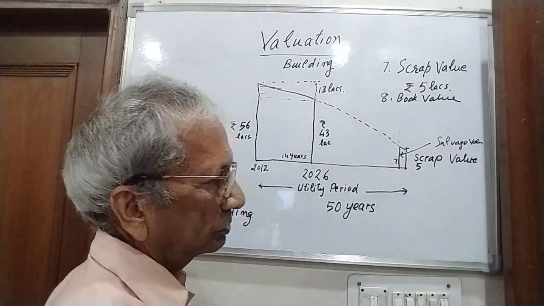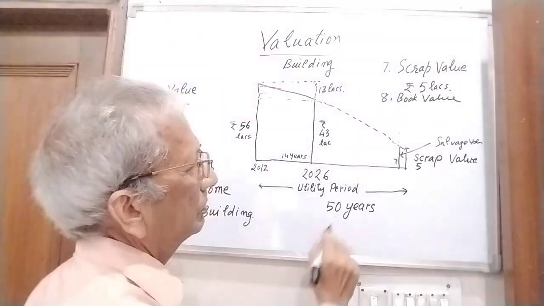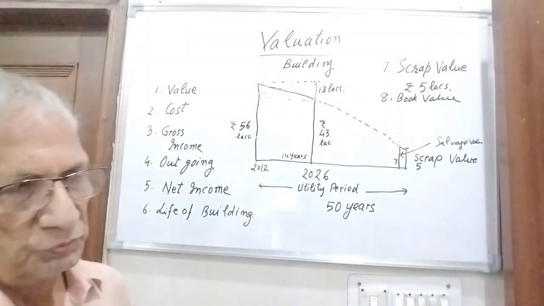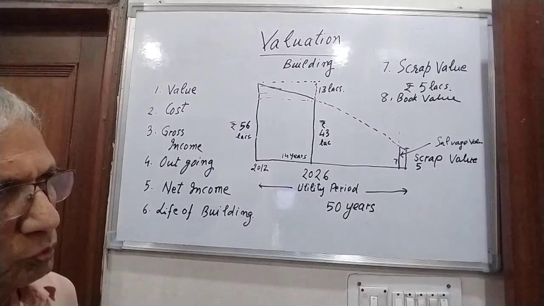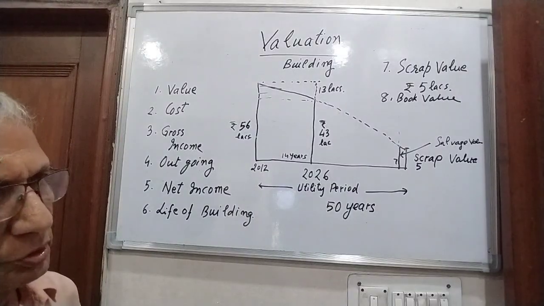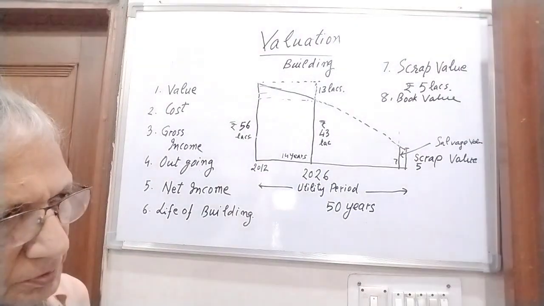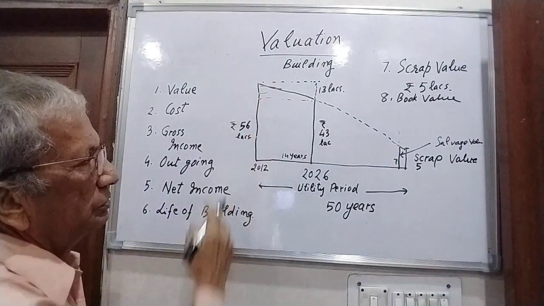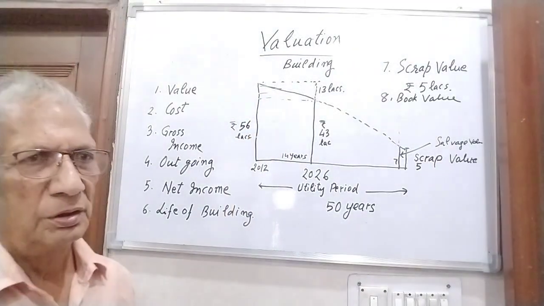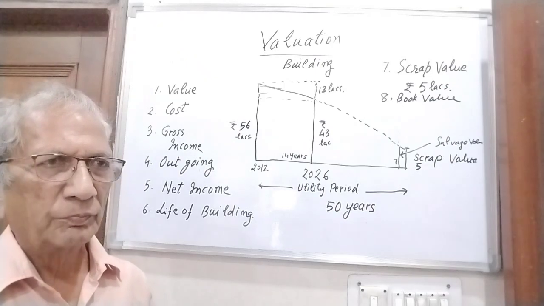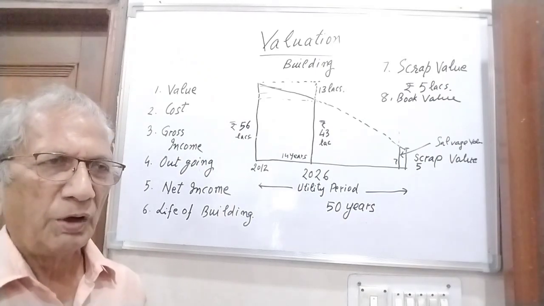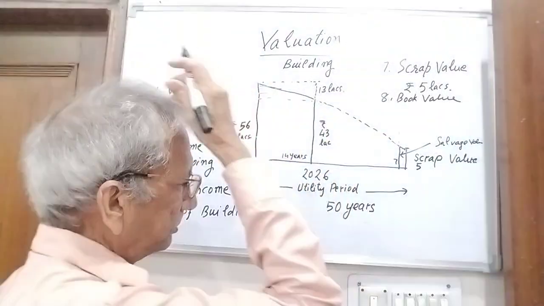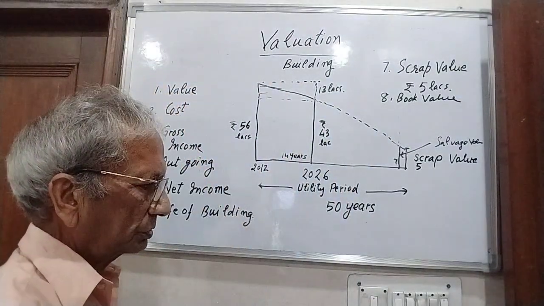Why very much? Because the building is very old and there is too much wear and tear. There is too much maintenance because the building is old. But in initial stage, when building was new, then the depreciation was very less. And at a later stage, depreciation is very much.